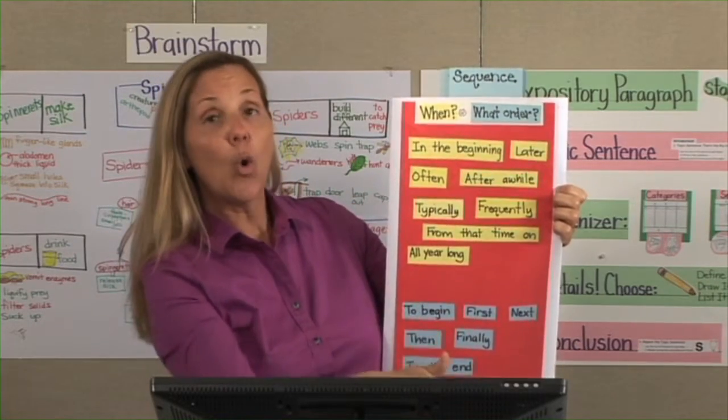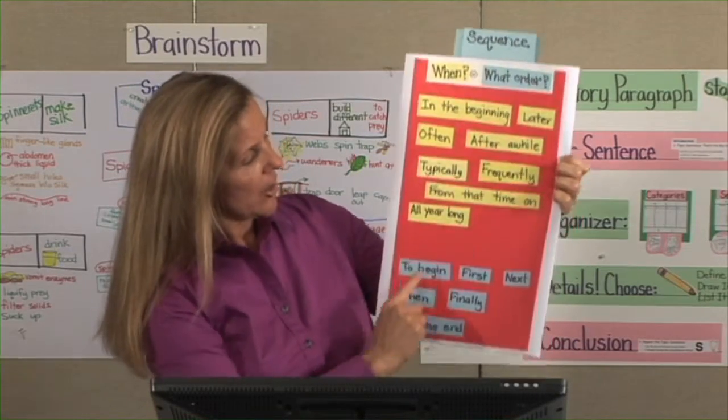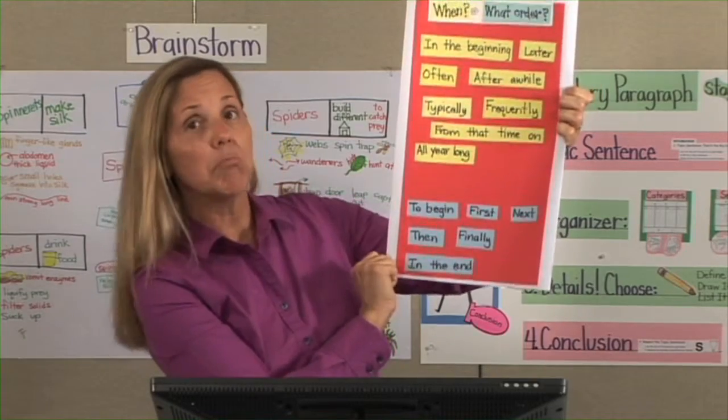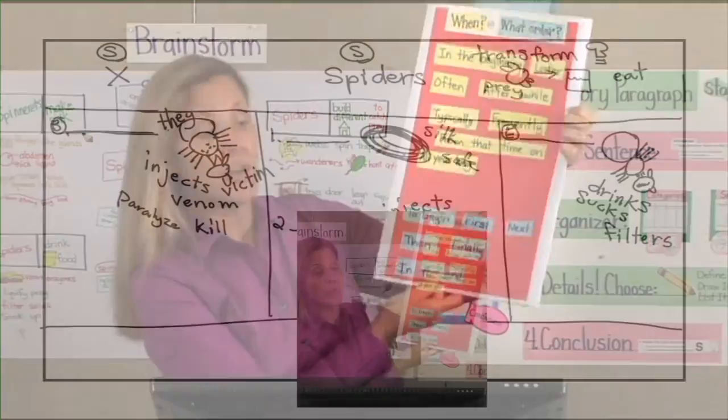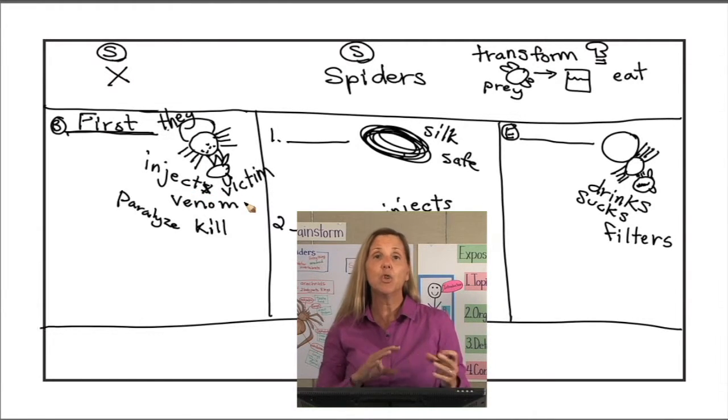This is the order in which a spider is killing its prey. So let's go down here to our order words. To begin, first. Let's go ahead and use the word first. First, they inject their victim with a venom to paralyze or kill them.